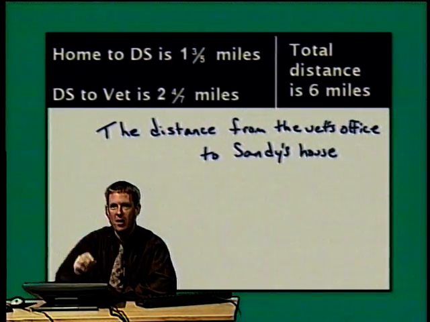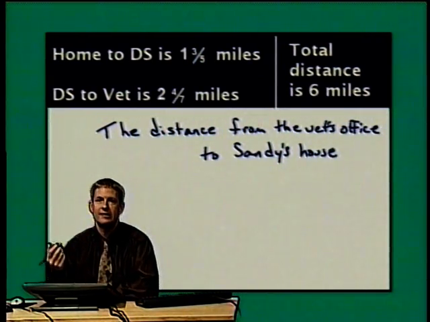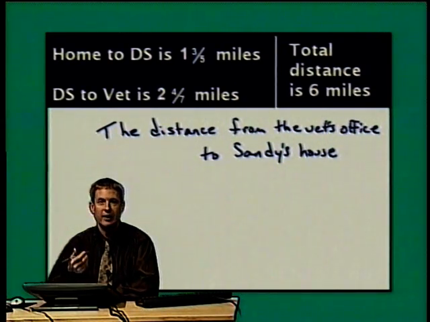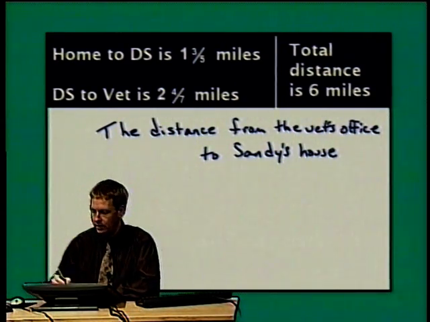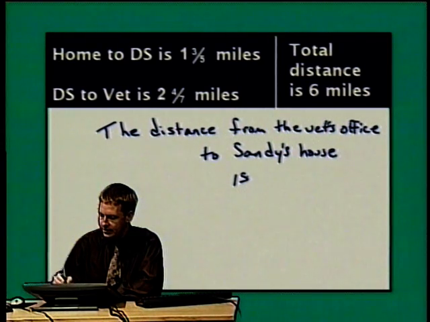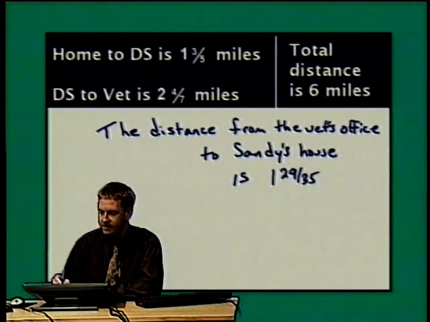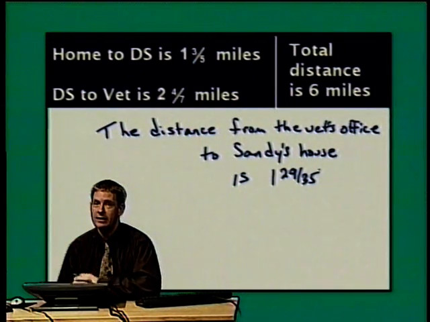So that's the first part of a good conclusion, something that says very explicitly what it is that we found. And this distance is 1 and 29/35.